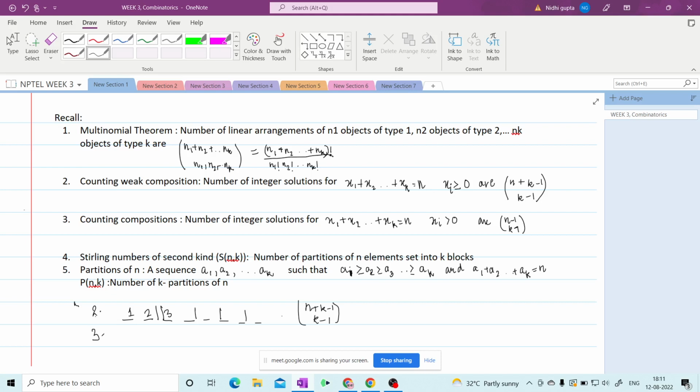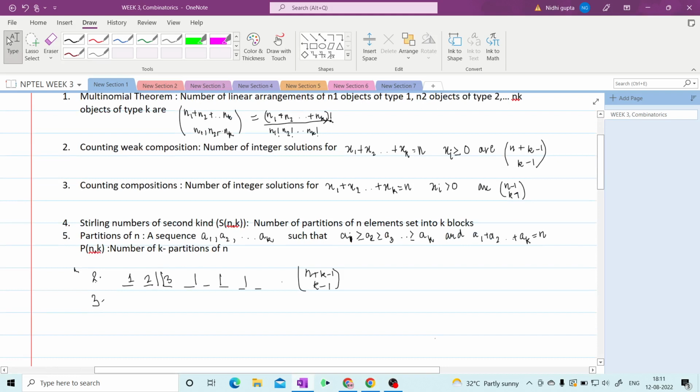Now third is composition. For composition we also count the number of integer solutions, but we have an additional condition: xi should be strictly greater than 0. If we want to compute these solutions, xi greater than 0 means xi minus 1 is greater than or equal to 0.